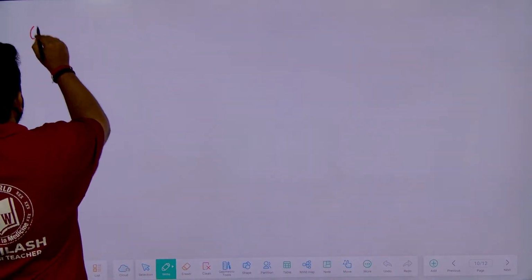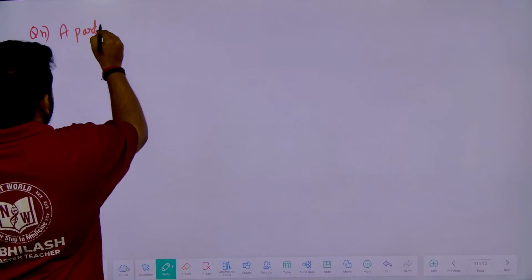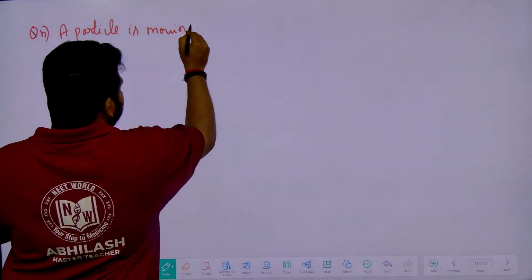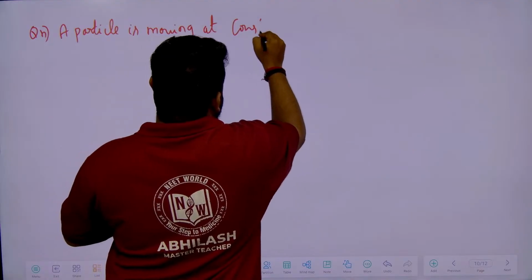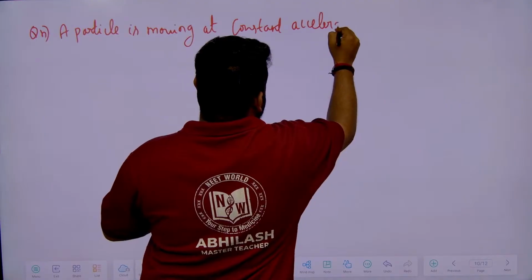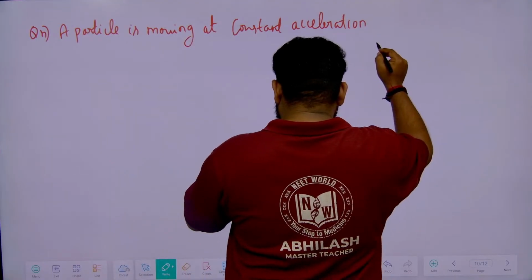They are telling the question: a particle is moving at constant acceleration A is equal to 3t plus 4t square.